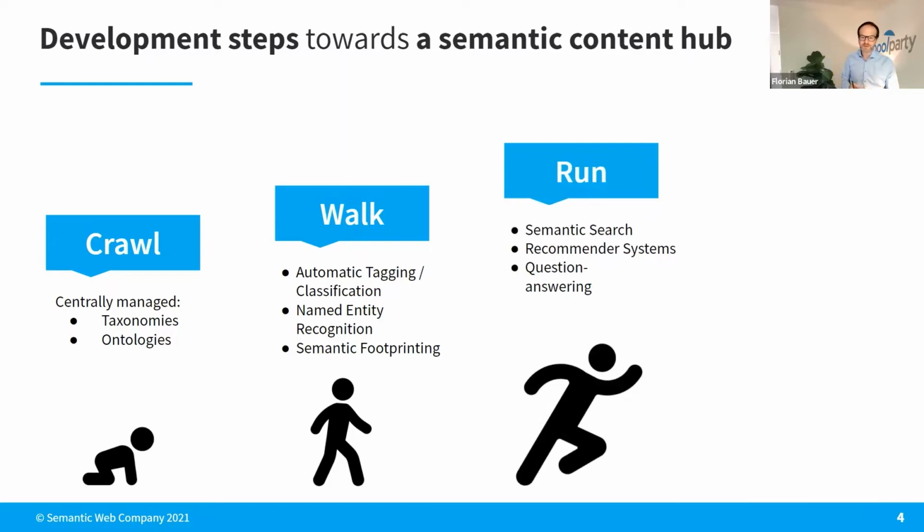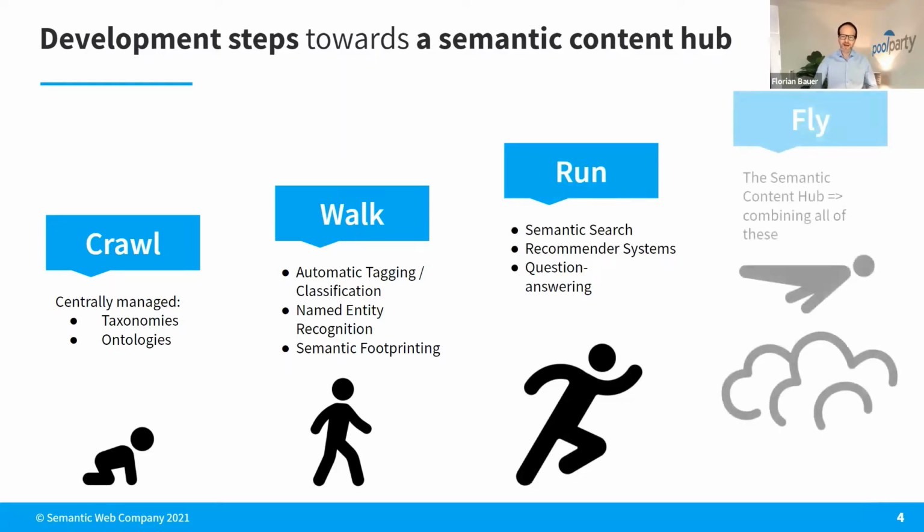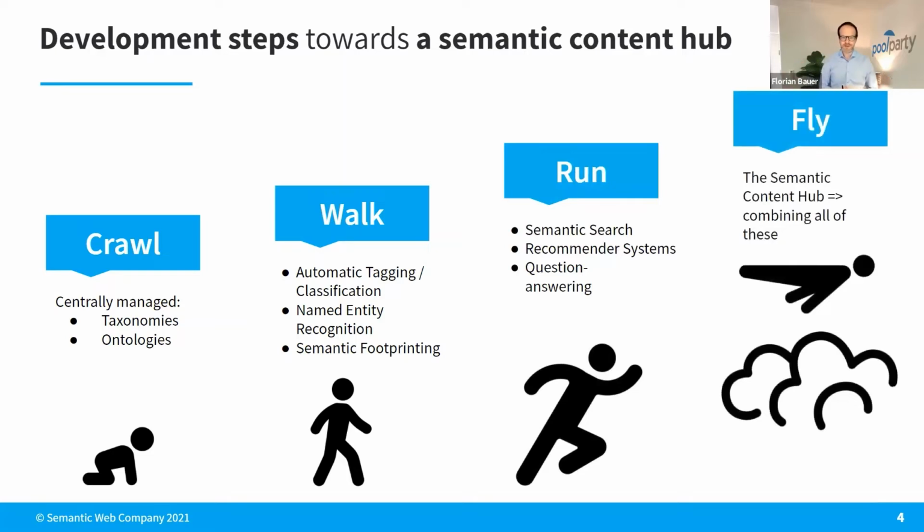There it becomes really interesting when we apply semantic search capabilities to our content platforms, when we add recommendation systems, question answering capabilities, and so on. And if you have achieved a combination of all of this, we consider that the fly phase, where you have a semantic content hub that really fulfills all the needs of your users and customers.